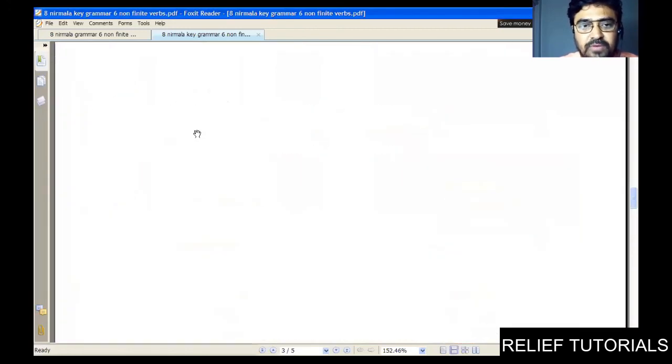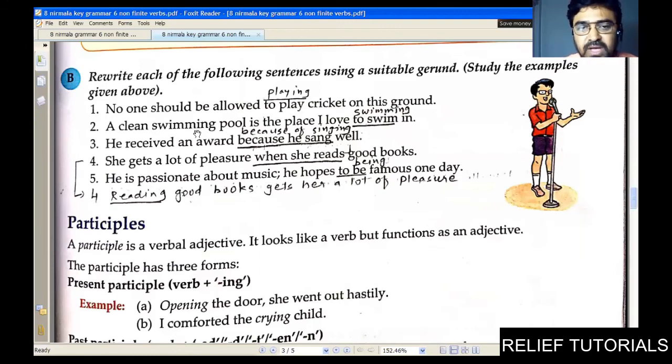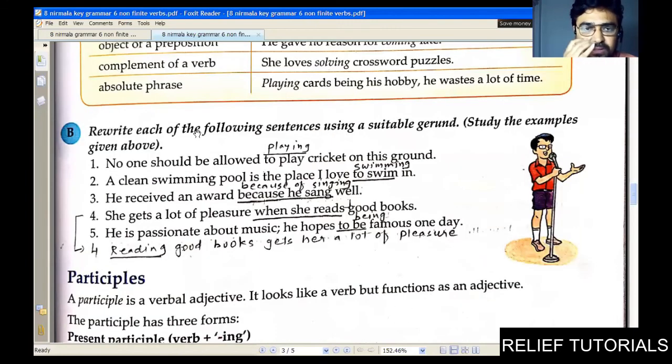Now we have certain examples, an exercise over there. Rewrite each of the following sentences using a suitable gerund. Try the examples given above. For example, this sentence I want to turn into a suitable gerund: No one should be allowed to play cricket on this ground.